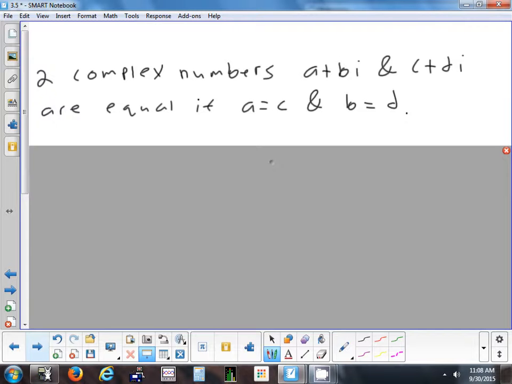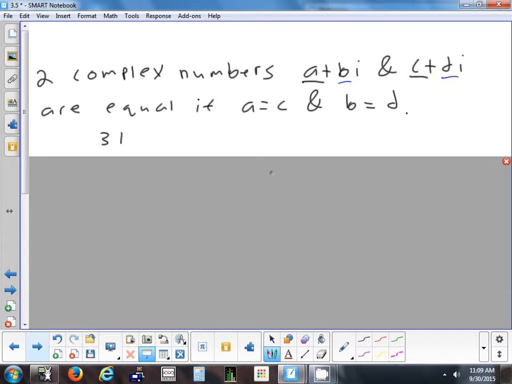For two complex numbers to be equal, two things have to match up. The real part of the first number has to match the real part of the second number, and the imaginary part of the first number has to match the imaginary part of the second.